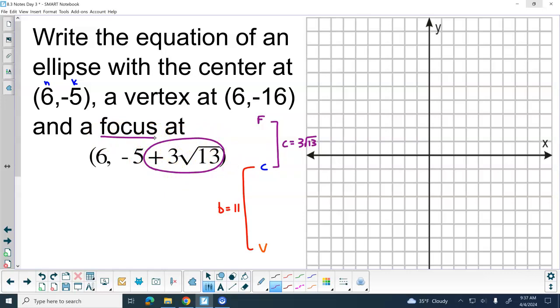That's C. Okay? So C squared is A squared minus B squared. What is 3 square roots of 13 squared? 117? 13 times 9, 117. Yep.